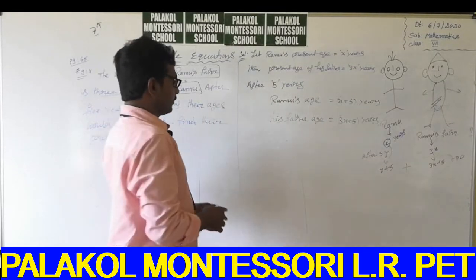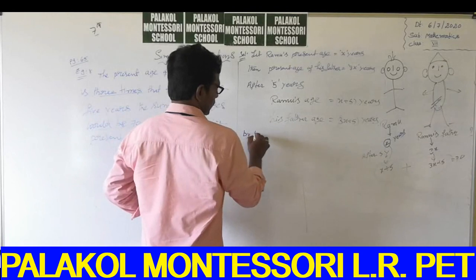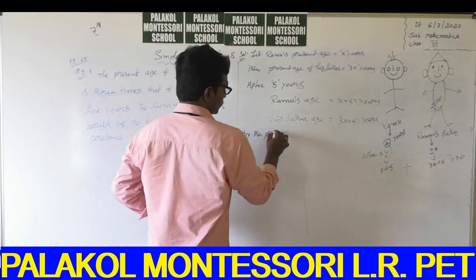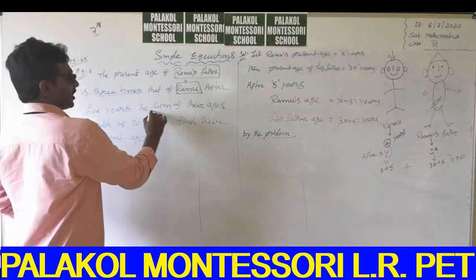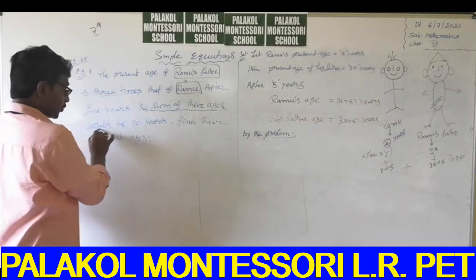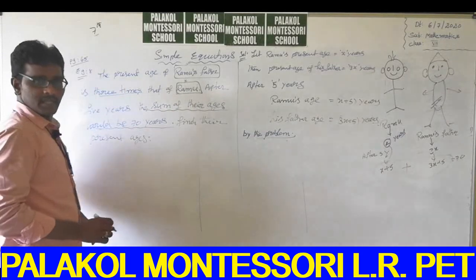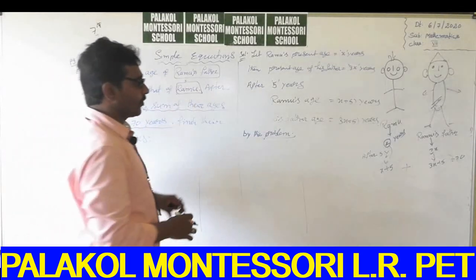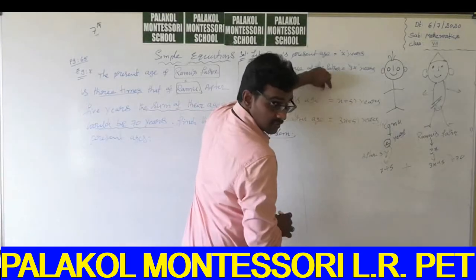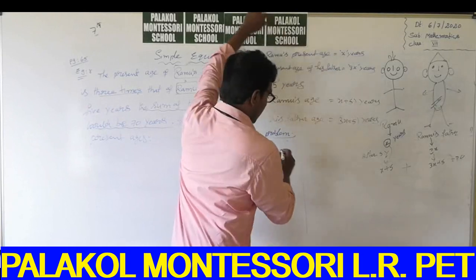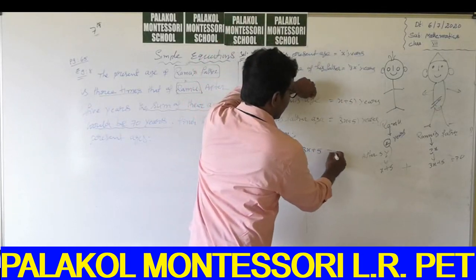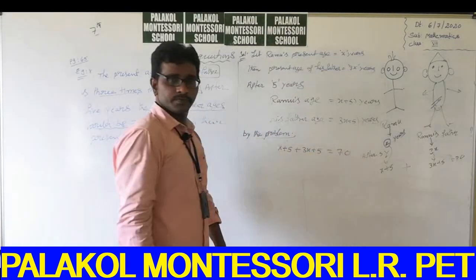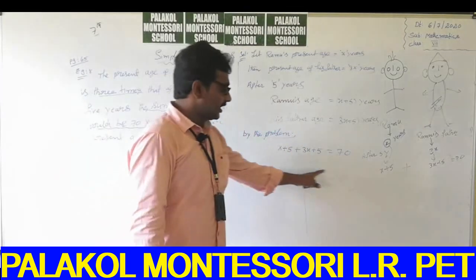By the problem, the sum of their ages would be 70 years. Writing it in equation form: x plus 5 plus 3x plus 5 equals 70. This forms the equation.